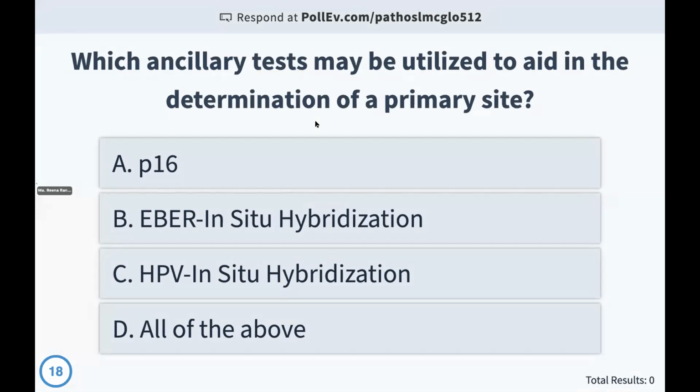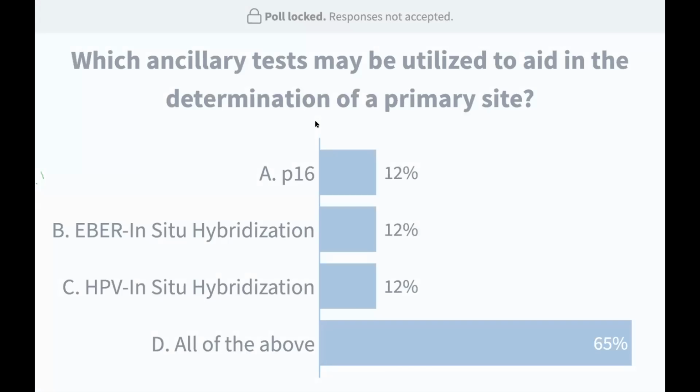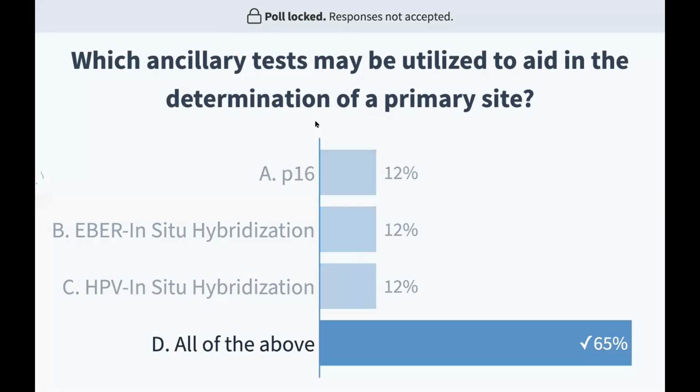Is it A, P16, B, EBER in situ hybridization, C, HPV in situ hybridization, or D, all of the above? Okay. And the answer is all of the above. These tests may all be used to determine a primary site.